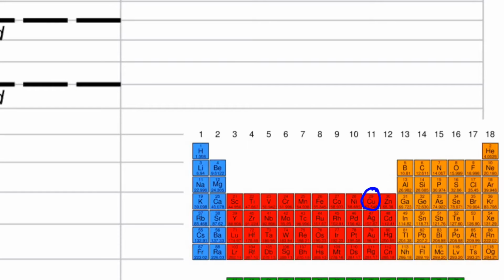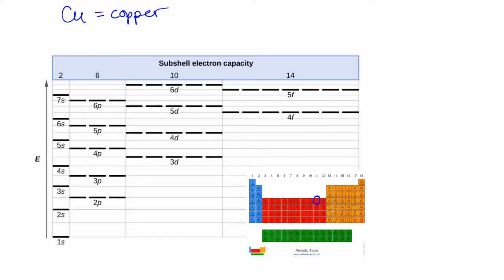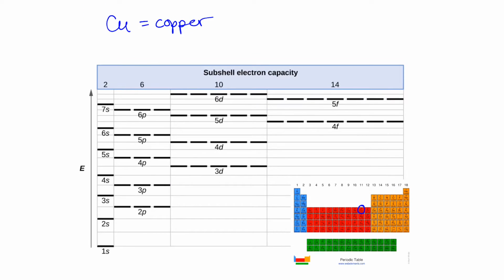Based on our conversation that we just had for chromium, see if you can predict how copper might like to rearrange its electrons to get a happier electron configuration than we might predict with our basic rules of orbital filling. So take a minute, fill in your orbitals and see where you think copper is going to want to end up.